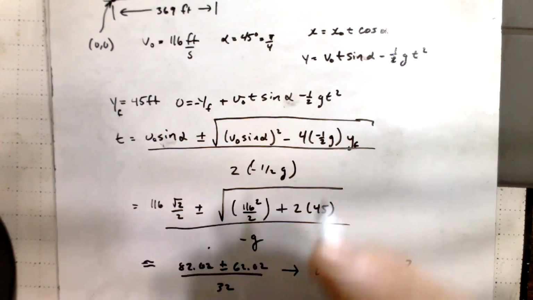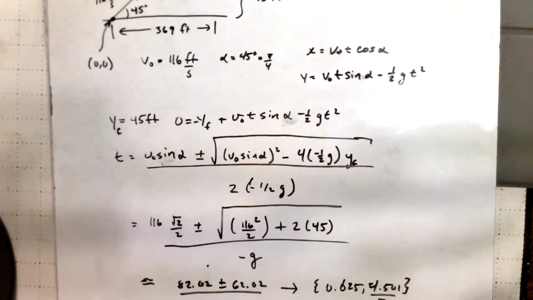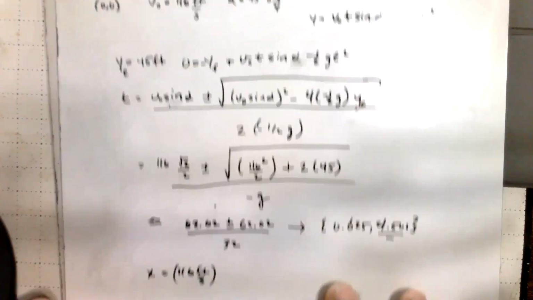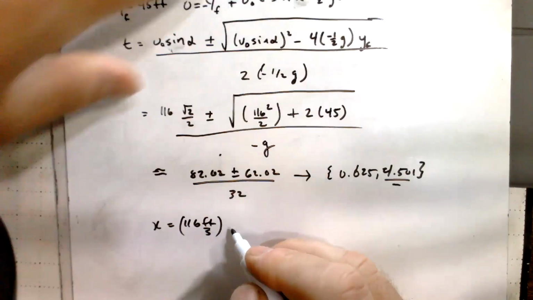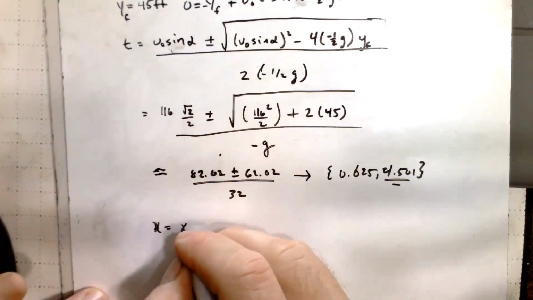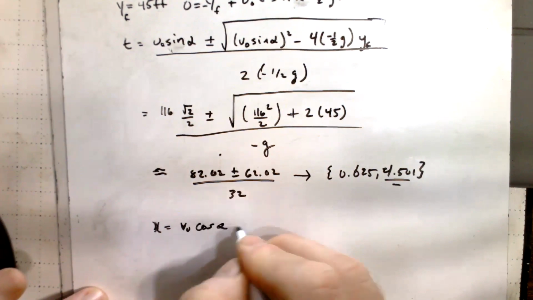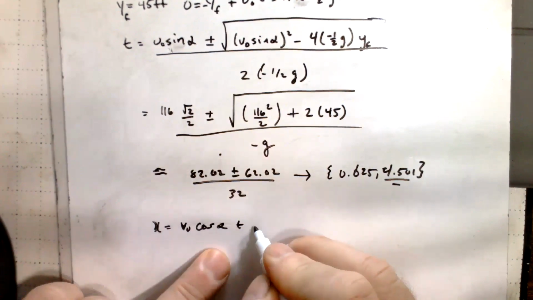Okay, that's x naught, that's v naught. It was like x naught 0 there, so that's why. So x is going to be v naught, which is 116 feet per second, times... Let me write it out. So x is equal to v naught cosine alpha t. And now we know what each of these components are.